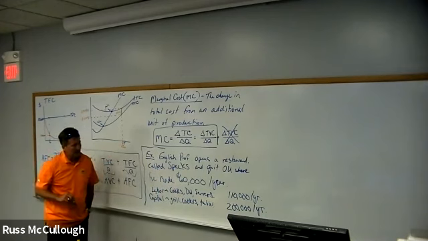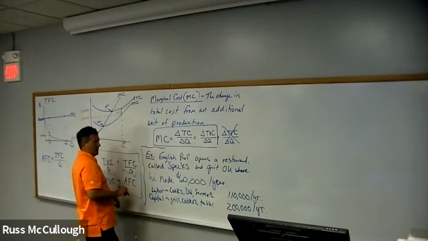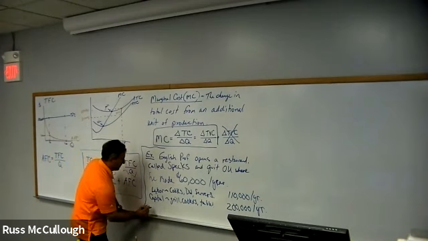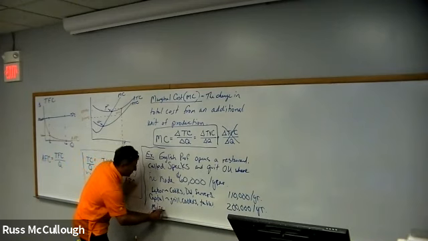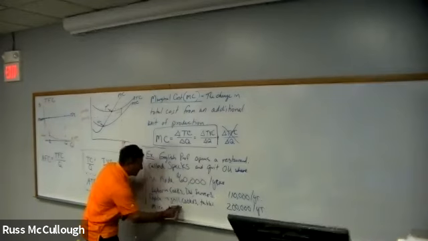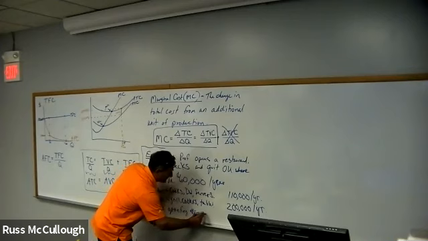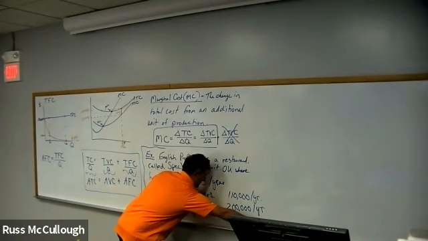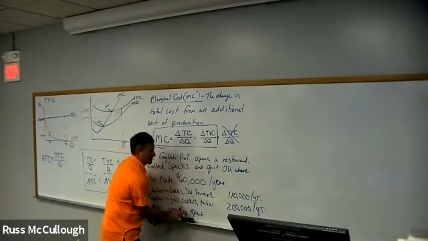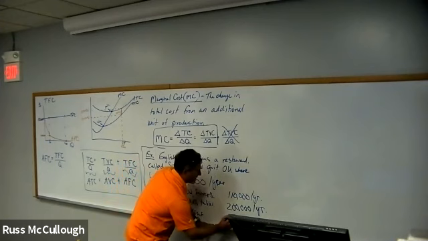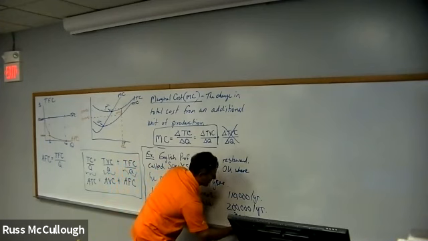Okay, then he's got some other miscellaneous operating expenses, license fees, all that kind of stuff, dealing with the city and whatnot. And that's $30,000 a year.